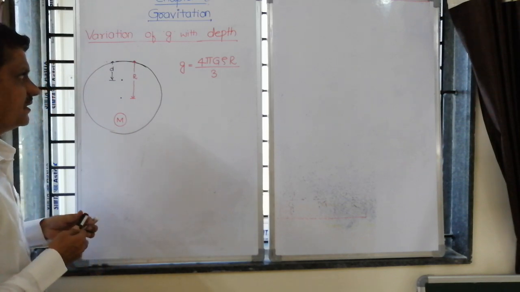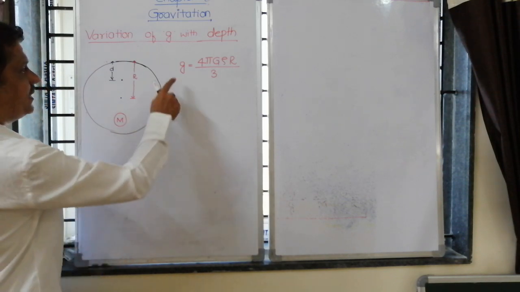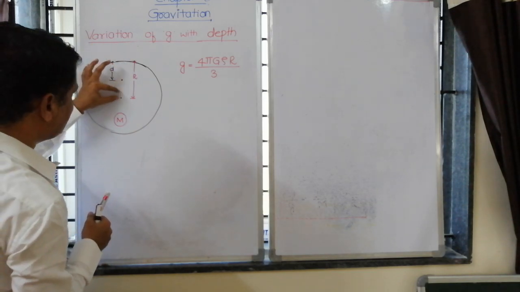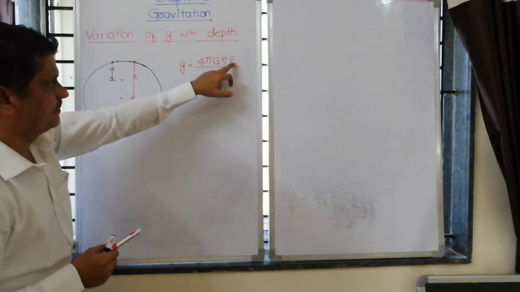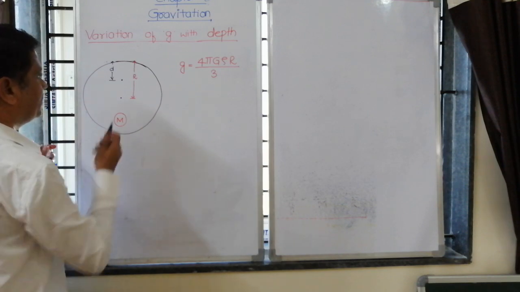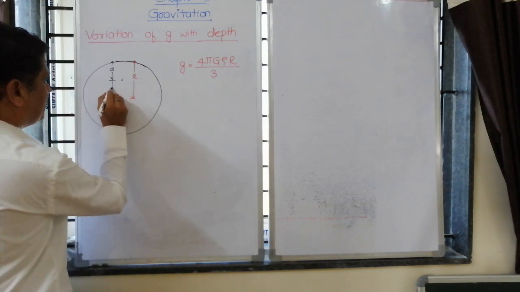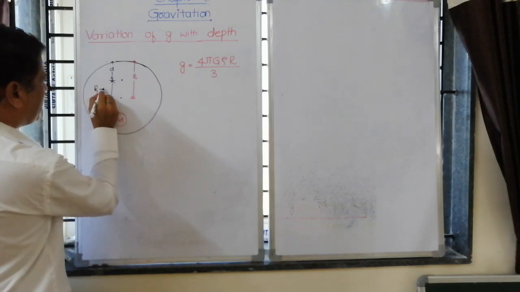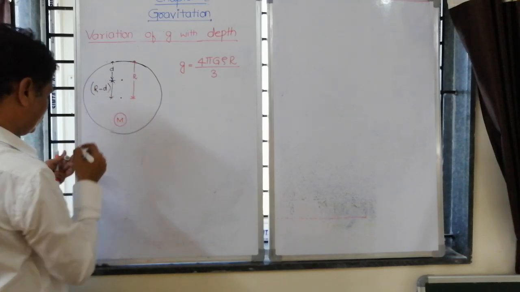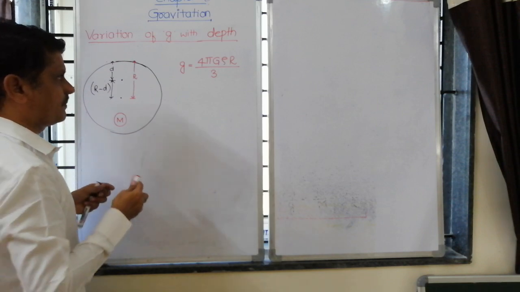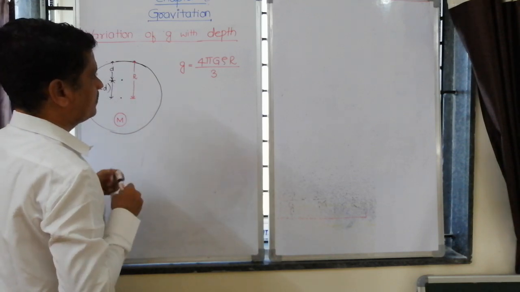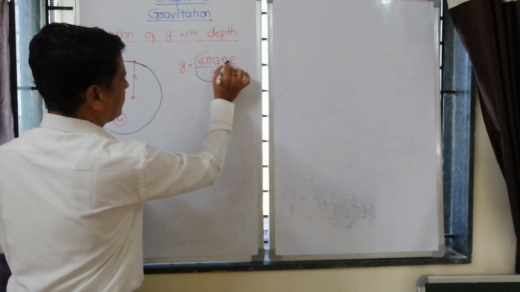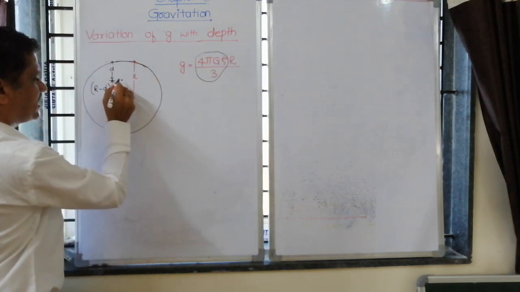Earlier, on the surface of the earth, this distance is equal to r. But today I want it at depth d, therefore the distance from the center is equal to r minus d. These are all constants on the surface as well as at this point.